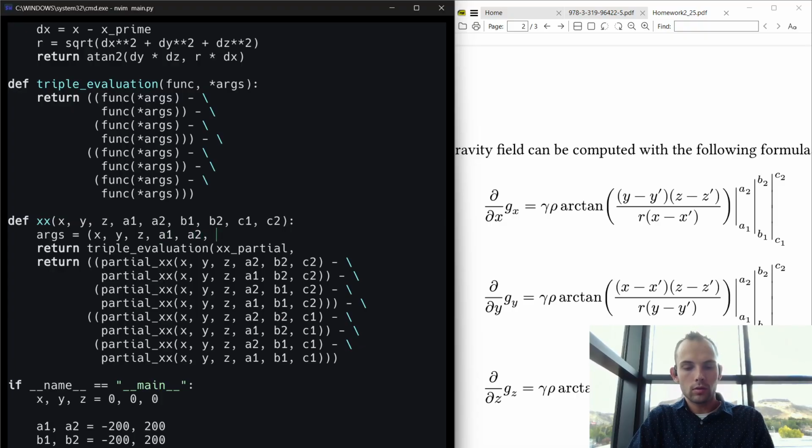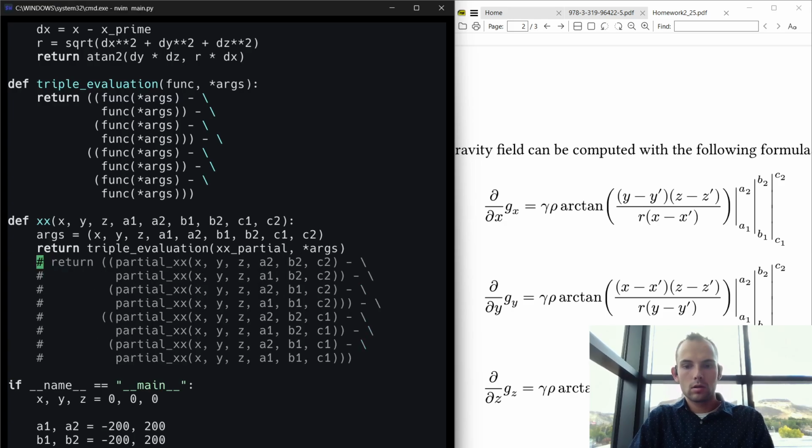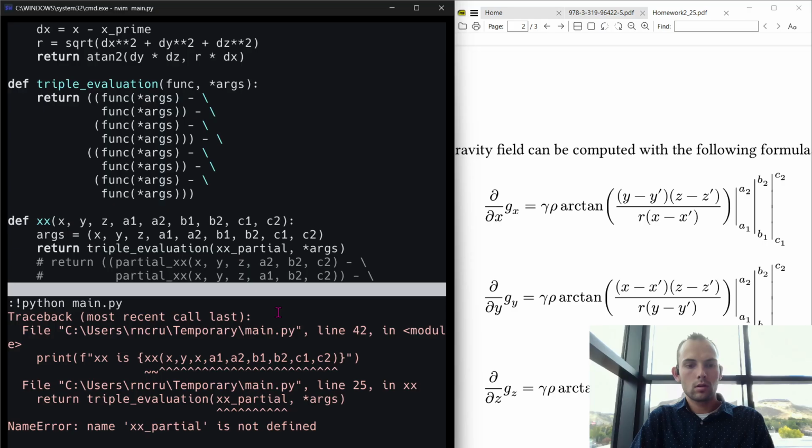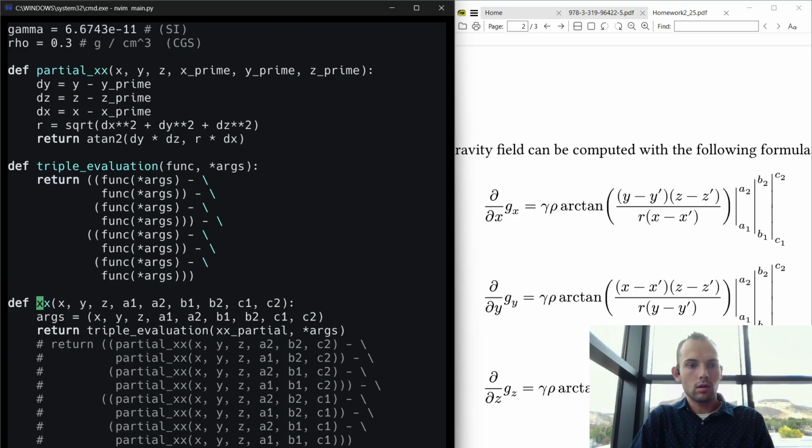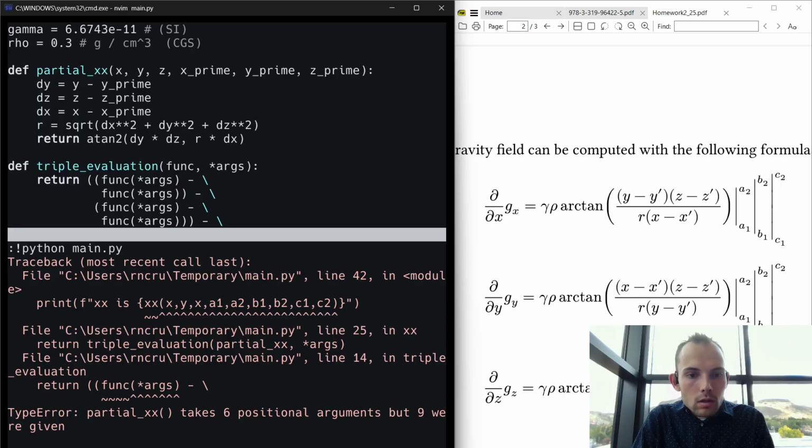A1, A2. Partials not defined. What the? Oh, yes, this is why. Function.